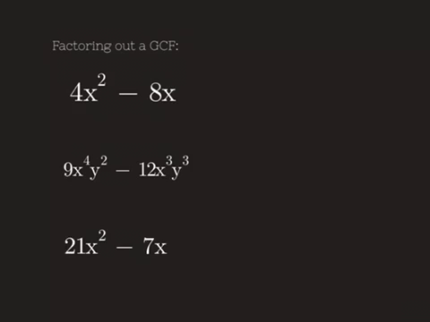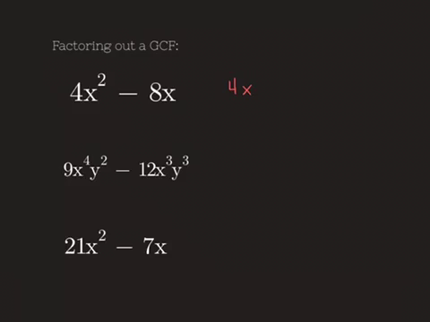GCF factoring is actually the most important kind of factoring because, as you'll see later, it is what we always do first. So we're going to start by looking at 4x squared minus 8x. If I look at 4 and 8, the largest number I could divide them both by is 4. And then they have 1 x in common. 4x squared has 2, 8x has 1, so the most they have in common is 1.